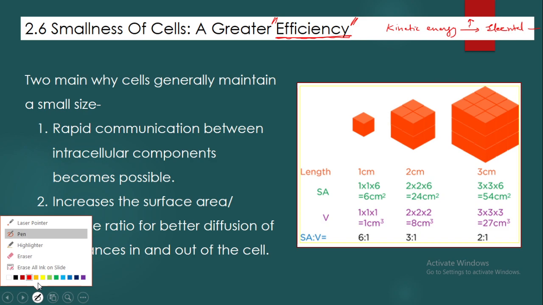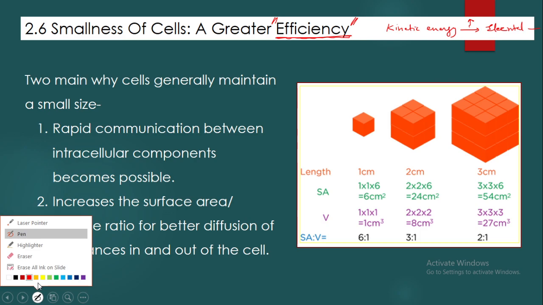Some nutrients from outside it needs, and also whatever waste is being generated, that also has to be removed outside. Any living system, it needs nutrient from outside, and it will want to remove the waste from its system.